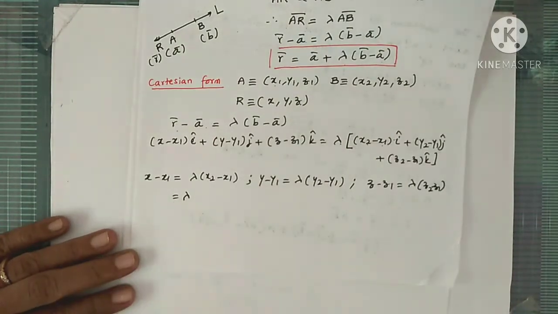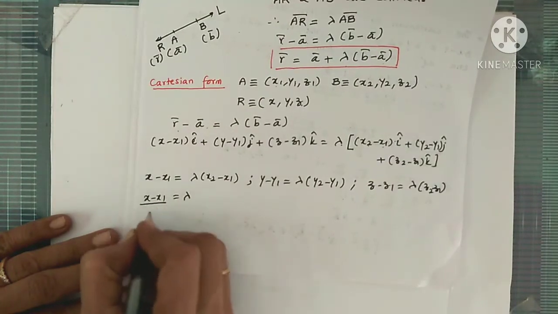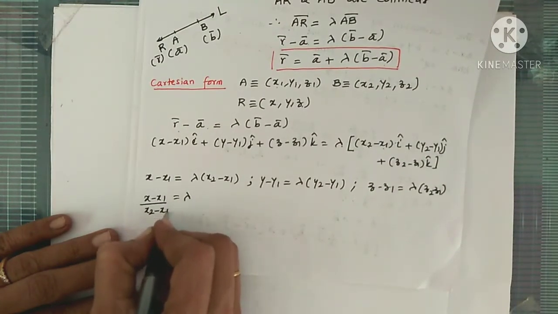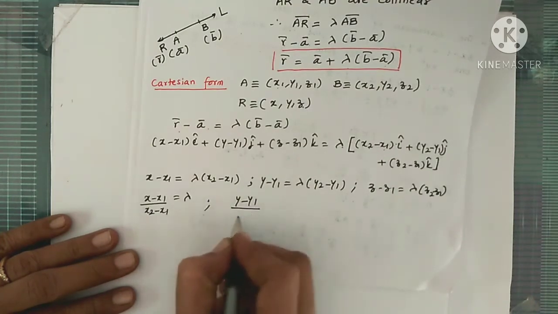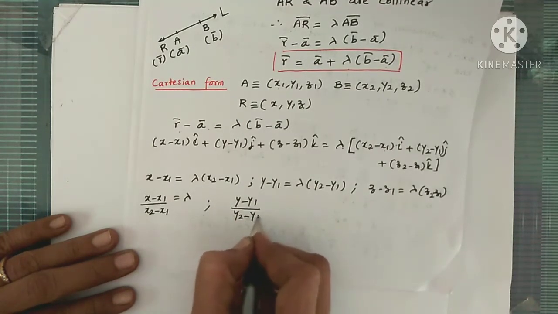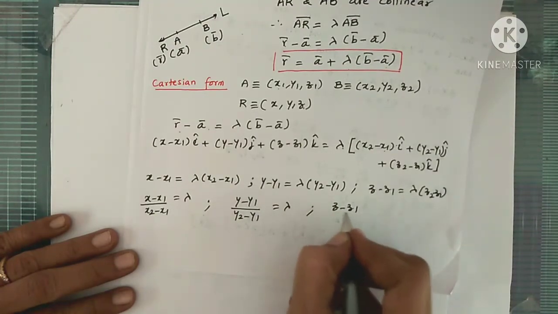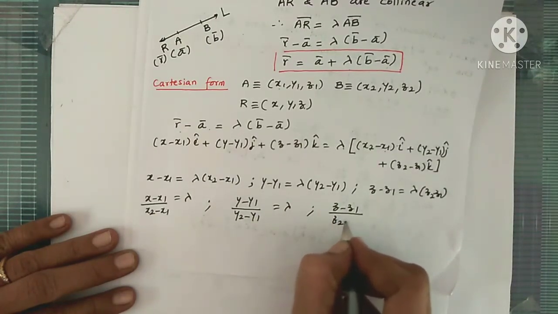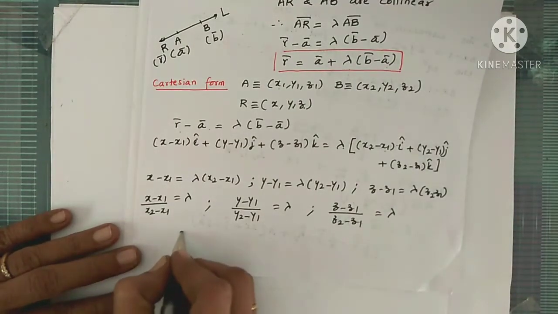So to find the value of lambda, we have x minus x1 upon x2 minus x1. In the second one, lambda is y minus y1 upon y2 minus y1. And here we have z minus z1 upon z2 minus z1 equal to lambda.